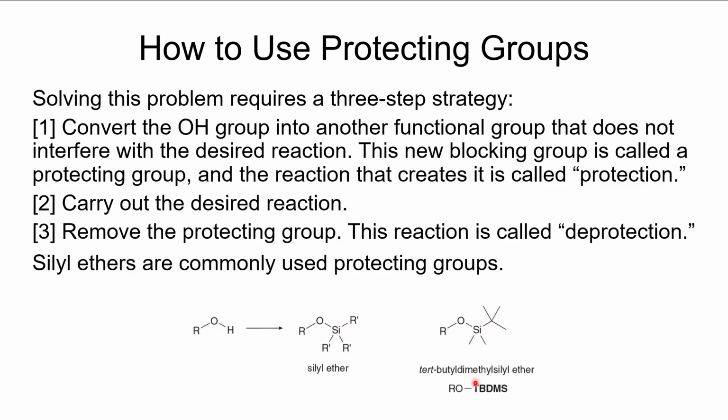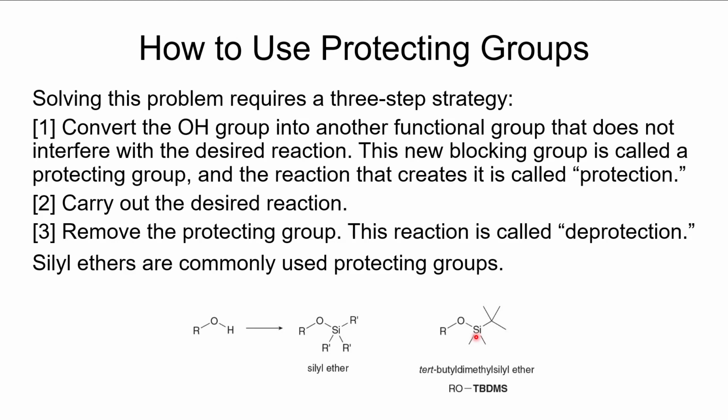What's great about tert-butyl dimethyl silyl ether and other silyl ethers is that these are not very reactive with either acid or base. So you can put this in a fairly strong acidic solution, nothing happens to it. You can put it in a fairly strong basic solution, nothing happens to it.